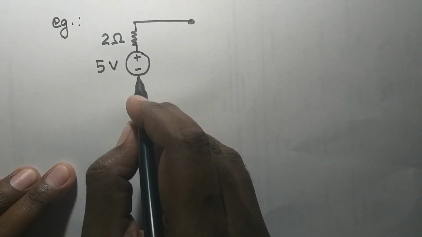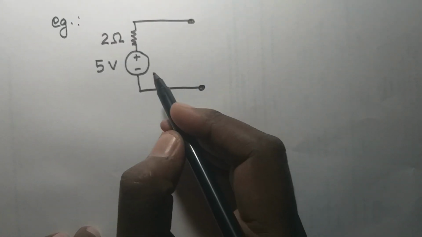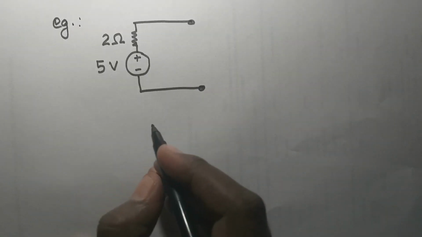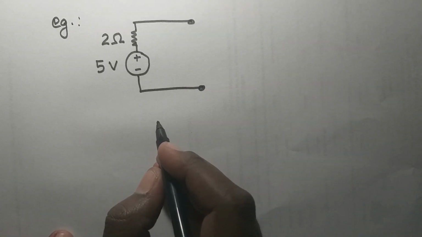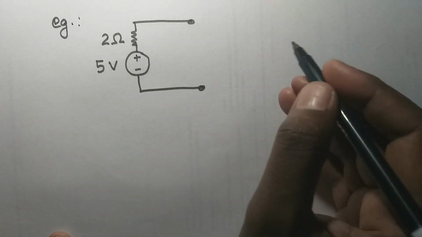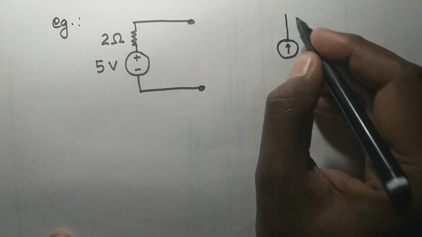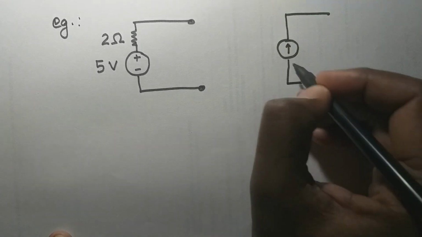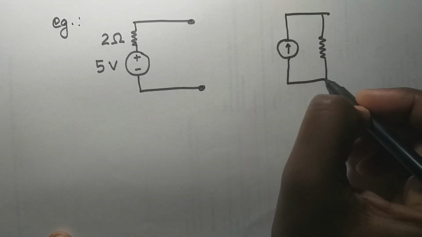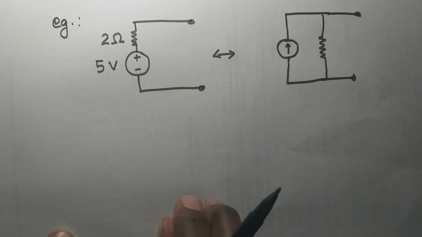Then for this practical voltage source, if we have to find the equivalent current source, we know from the previous derivation that we have to find the source current value and the shunt resistance. Then this source will be equivalent to this.